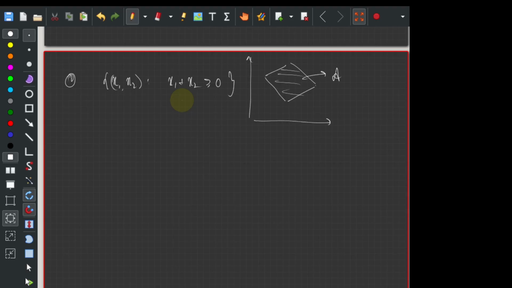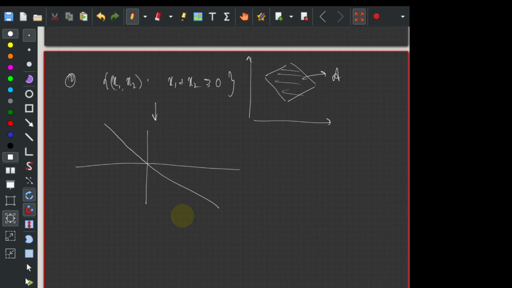What does this set look like? So what is x1 plus x2 equal to 0? Yeah, it's a line passing through the origin with what slope? It's minus 1. So it's a straight line. This is x1 plus x2 equal to 0.